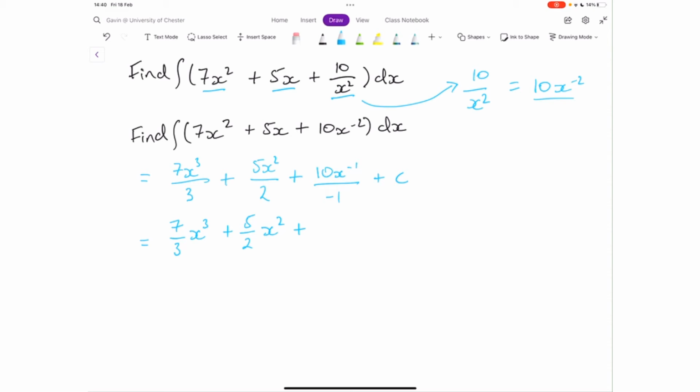Anything divided by a negative number is a negative number. So 10x to the minus 1 divided by minus 1 simply becomes, apologies, minus 10x to the minus 1 plus our constant of integration. So that's the answer to the slightly trickier example here.